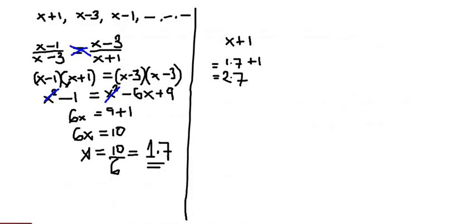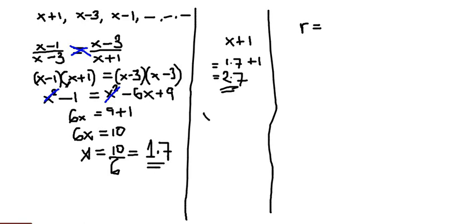We get the sum to infinity by getting an expression for r, the common ratio. Because we know our x is 1.7, the first term is 2.7.